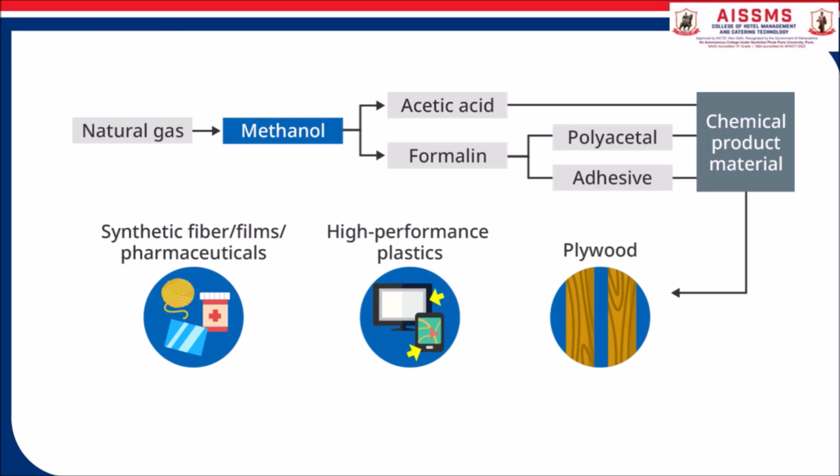Formalin further gets divided into polyacetal and urea adhesive, which become the chemical products for producing materials such as plywood, high performance plastics and synthetic fibers, and it is sometimes also used in pharmaceuticals. So that covers the applications of methanol.